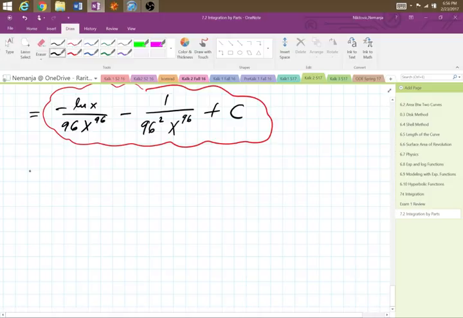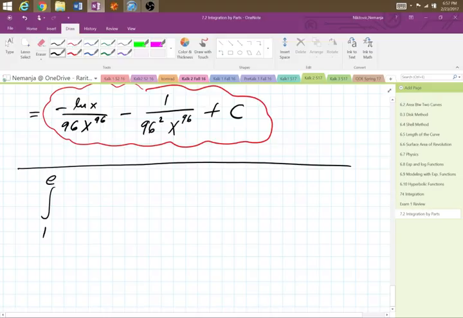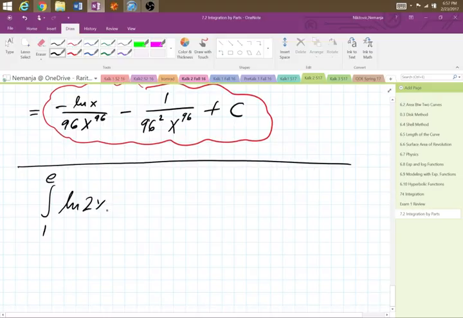So we do vanilla and then we do the spicier one. Actually, we don't have time for two because we still have to look at one problem. So let's do a quick calculation. This is the perfect one. Integral from 1 to e of ln 2x dx. Brilliant.